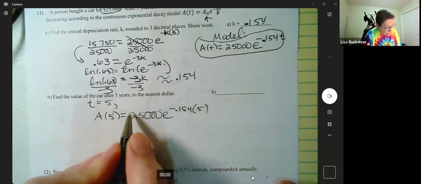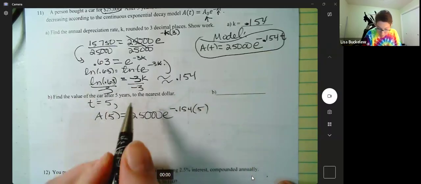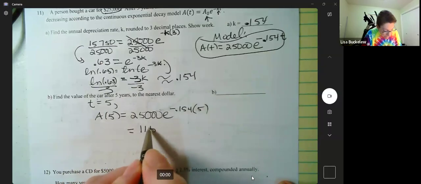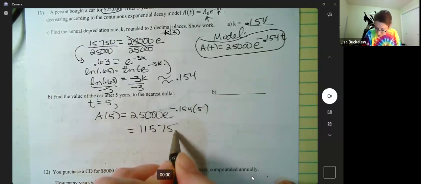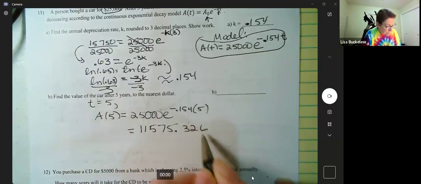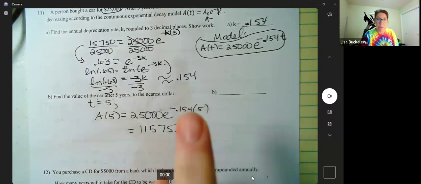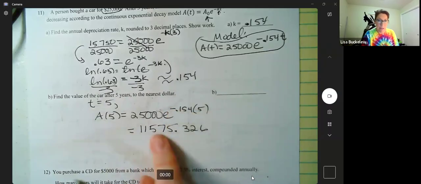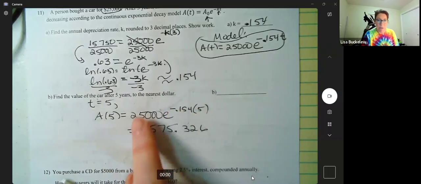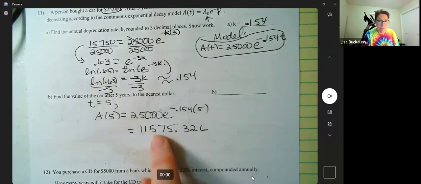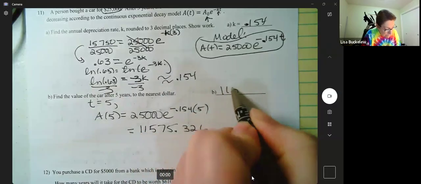Okay, and then just crank that out on a calculator, and that's going to give us $11,575 and about 326. So you can use your calculators to practice this and make sure you can put this in and get this out. If I rounded to the nearest dollar, it's just $11,575.